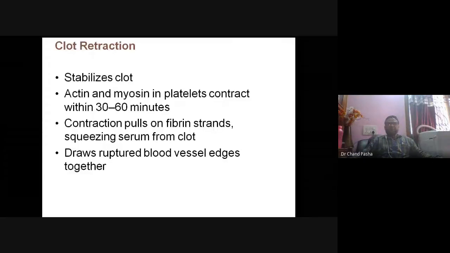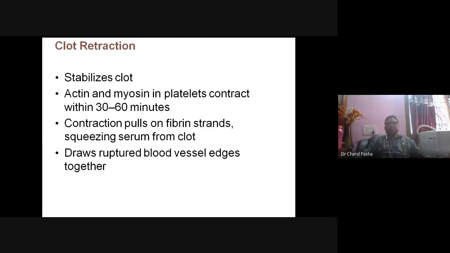So once the clot has been formed, then you need to do the stabilization also. Suppose there is a clot in a larger, big blood vessel, that may not be enough to stop the blood flow there. So the proteins actin and myosin in platelets contract within 30 to 60 minutes.